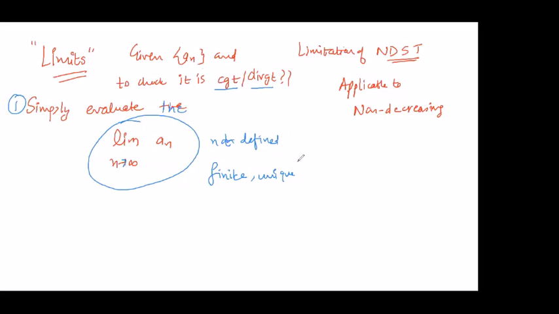So when it is defined, it is finite or unique, or it can be infinity or minus infinity. It can be an indeterminate form also, but indeterminate form is not an answer. These are the answers: this limit is not defined, finite and unique, infinity, or minus infinity, whatever the final answer is.